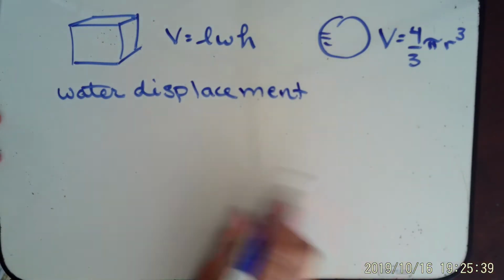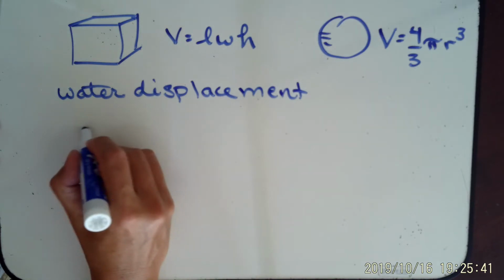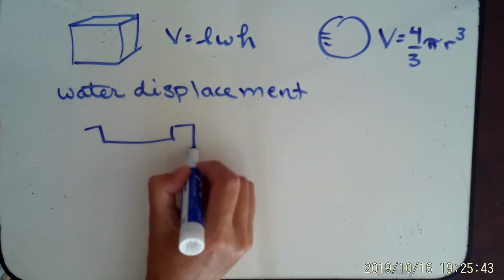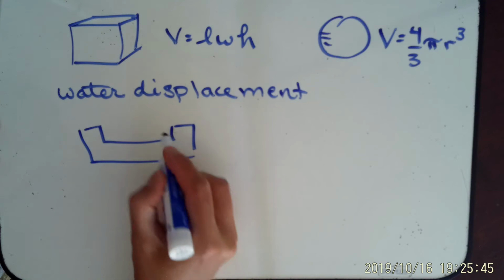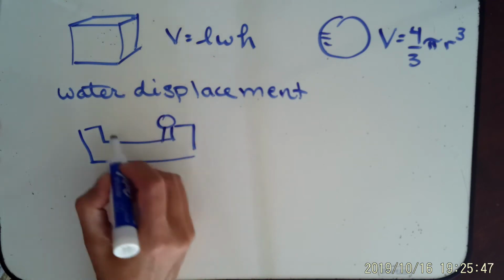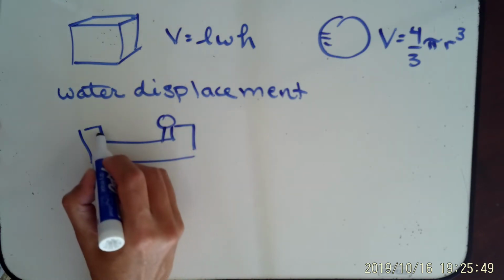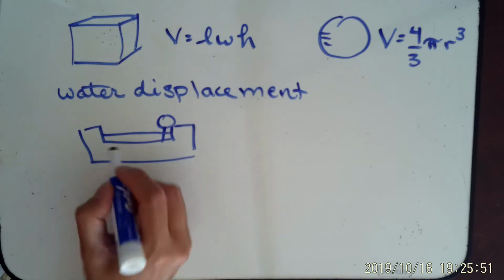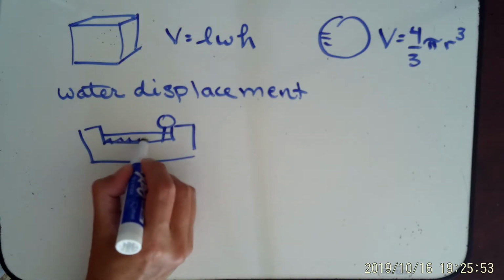So the way it runs is this. Suppose here's your bathtub. There you are, enjoying your bathtub, and here's your water level.